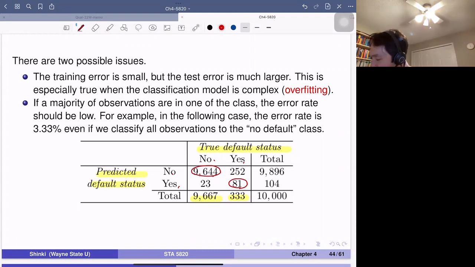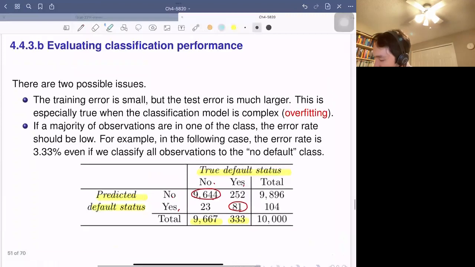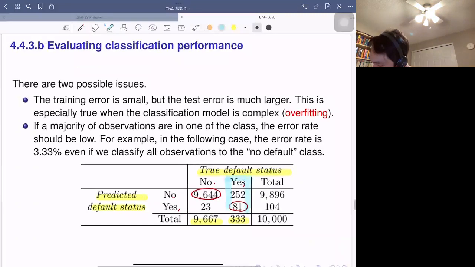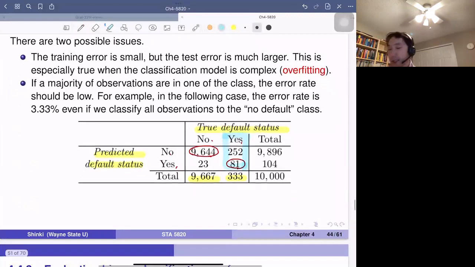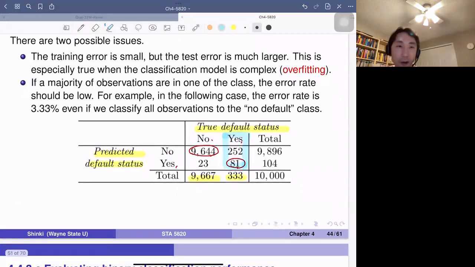For example, maybe we can focus on this group. The true default status is yes. Within this group, actually 252 were classified as not in default.